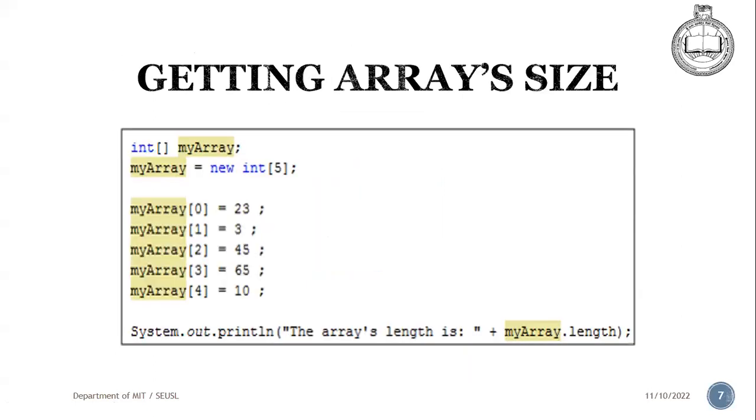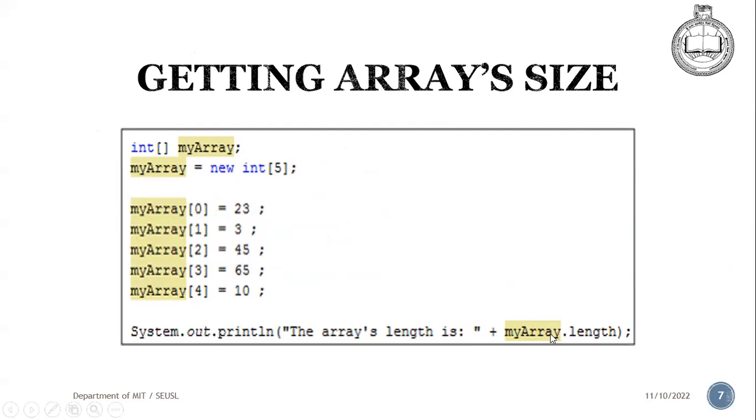But in terms of a program, there is still a way in which we can find out the size of the array. Based on this code snippet, these things you already know: here it's a declaration, then initialization and assigning values, and here, when we try to get the size of the array, this one.